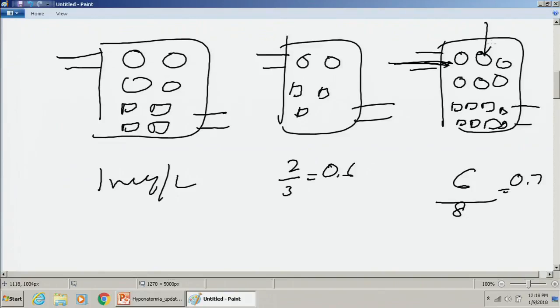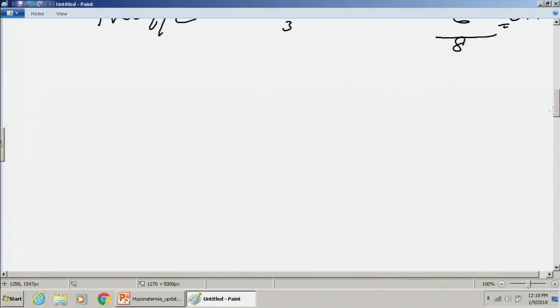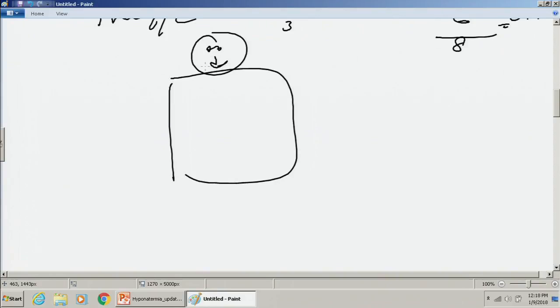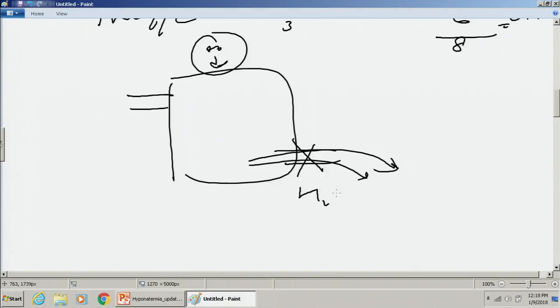Good, good. All right. Then we will be talking about what we call euvolemic hyponatremia, right? So what we're talking about is the same Mr. Jack, a happy guy, okay? And the issue now is that he is not able to get rid of free water from the body, okay? Because he's euvolemic, the sodium content has not changed. It's still 4 sodium molecules, okay?